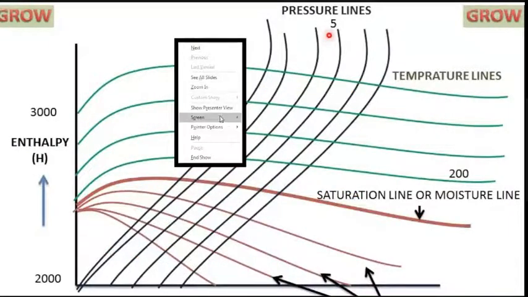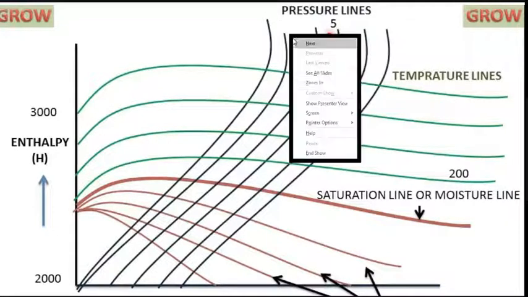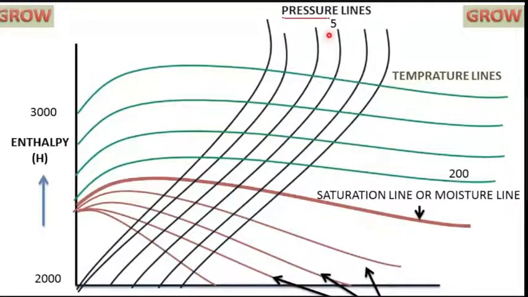Okay, for example, I already told you that there are multiple lines available in this curve. So the first one is called the constant pressure line. You can see that there is a pressure line; they have mentioned that.